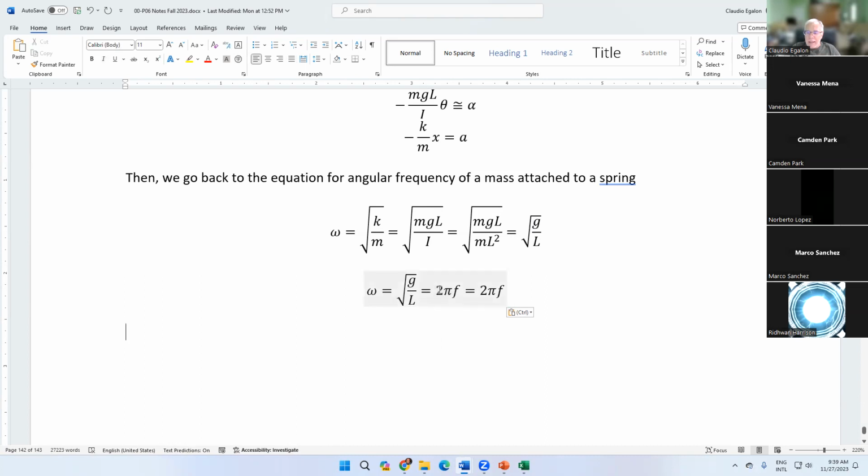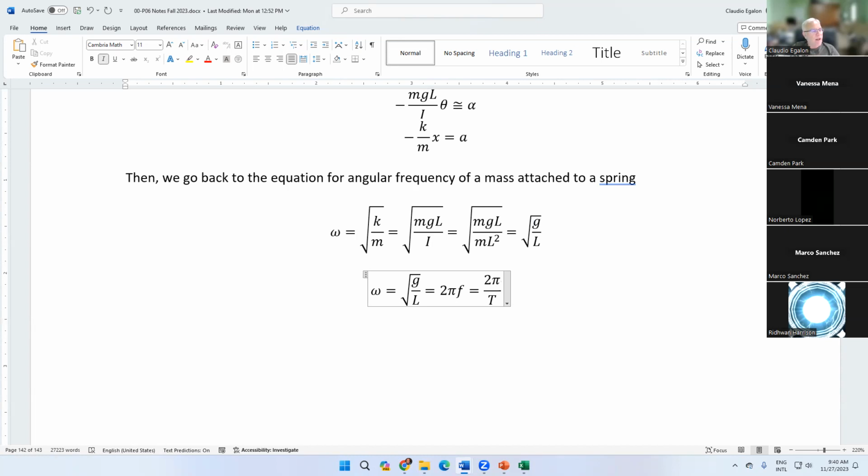So this is the angular frequency, 2 pi times the frequency f. And let's not forget that the frequency is the inverse of the period.